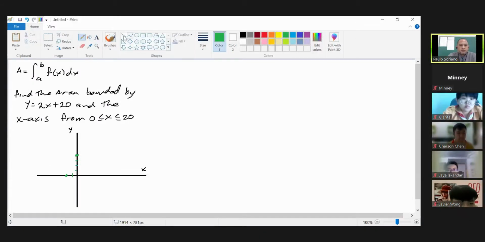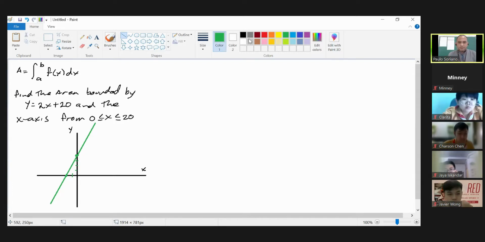So if I connect them with a line, it will give me something like this, right? But then where is the area that we are being asked to solve? It's an area bounded. When you say bounded, it is surrounded by the function.